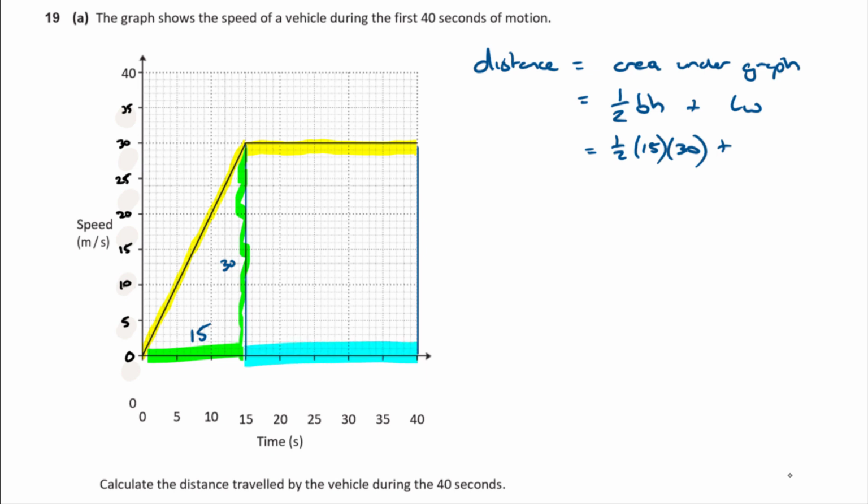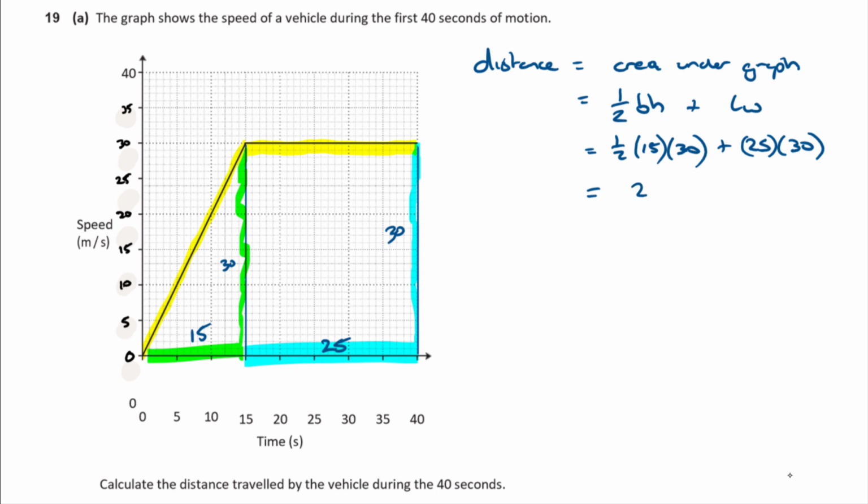So that's the length, isn't it? 15 up to 40. So that's got a length of 40 take away 15, that's going to be 25. So the length is 25. What is the height? It's going to be the same as the last one. It's going to be 30. Okay, so it's 25 times 30.